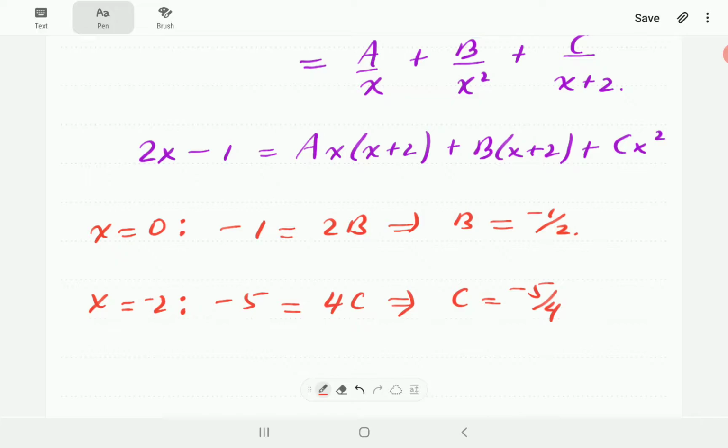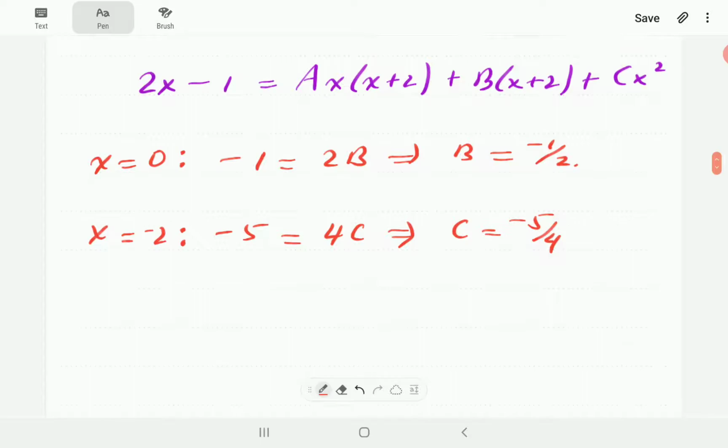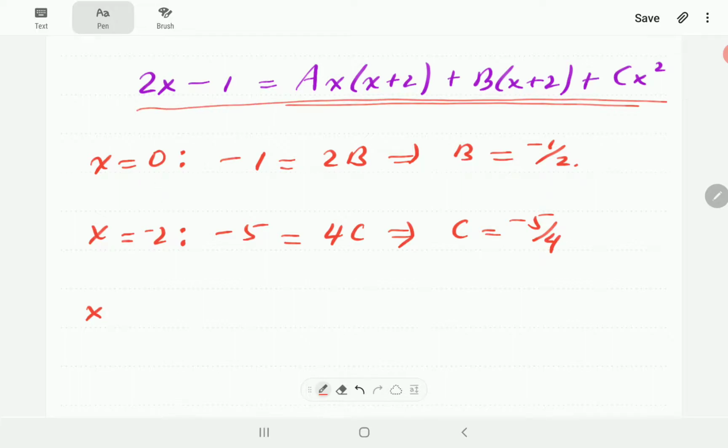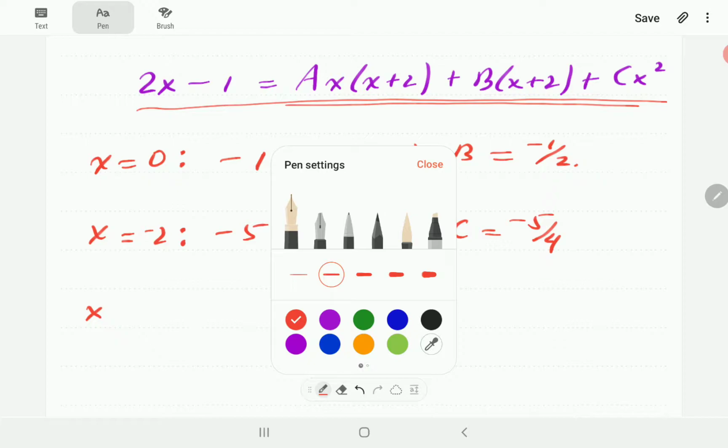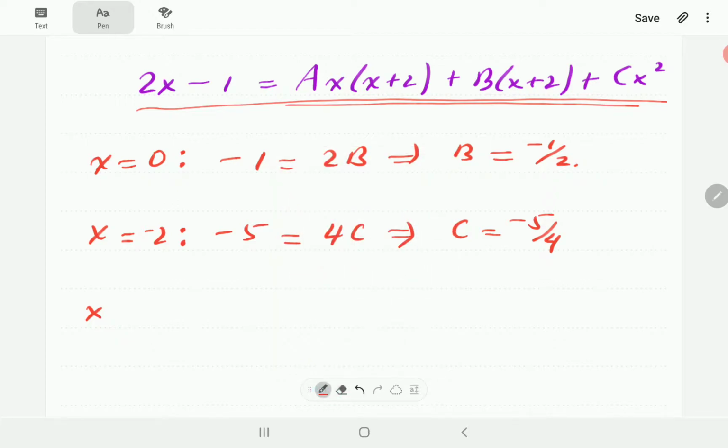Then A is still undetermined. Okay, so what we can do is remember we said this equation is going to be true for any value of x. So we can choose any other number which is not one of these two. For instance, I'm going to plug in x equals 1.